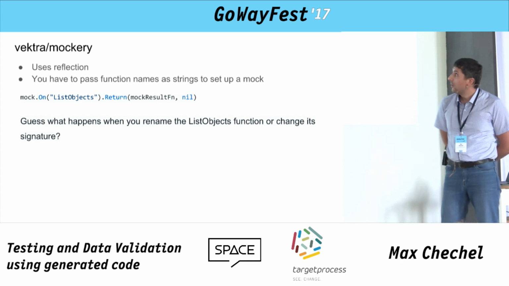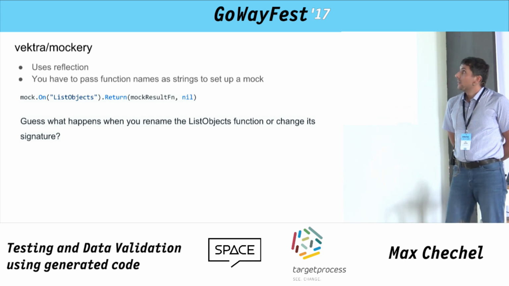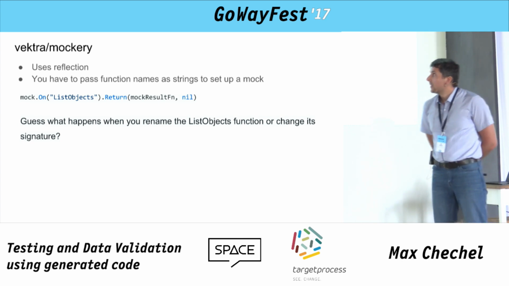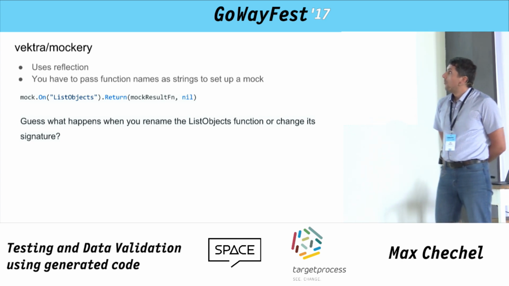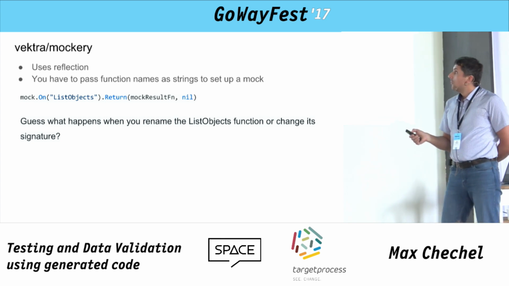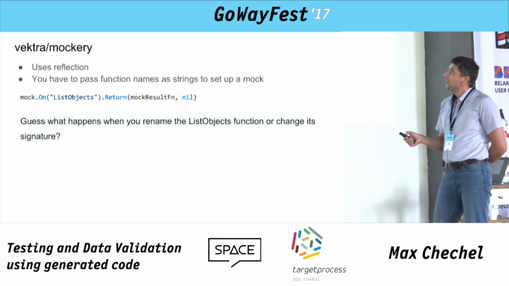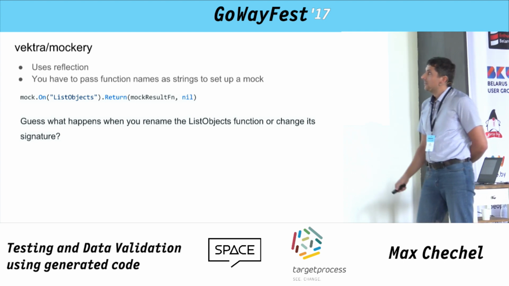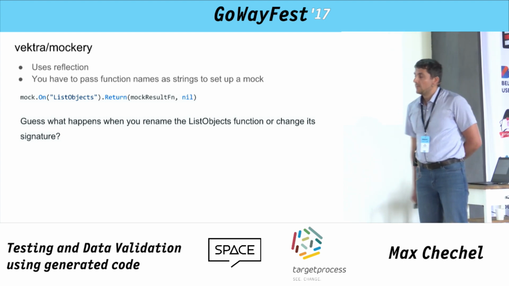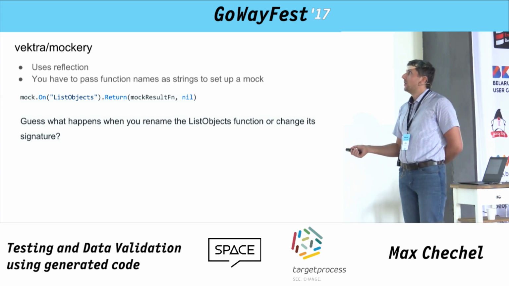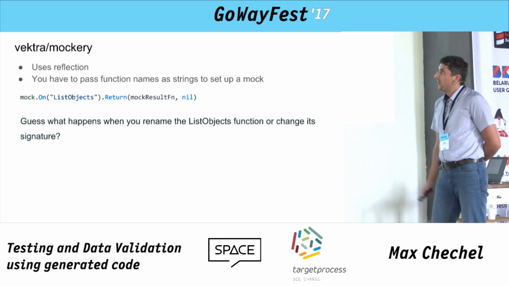For example, Mockery heavily relies on reflection, and it also has a really weird way of mocking dependencies, by passing the name of the function that you want to mock as a string. It's really easy to imagine what happens when you change the signature or the name of the function.